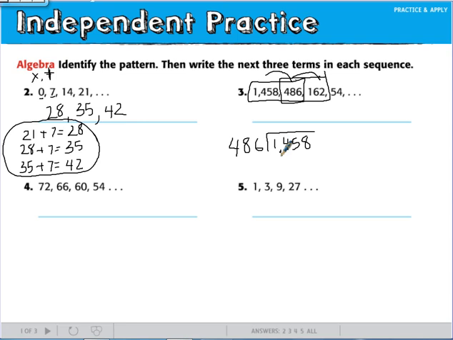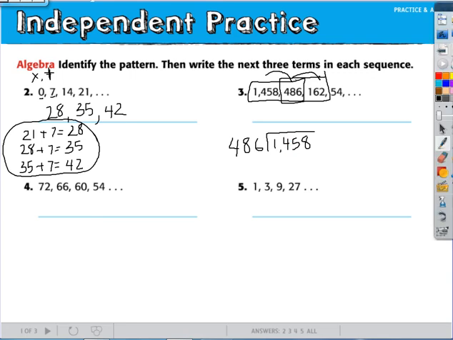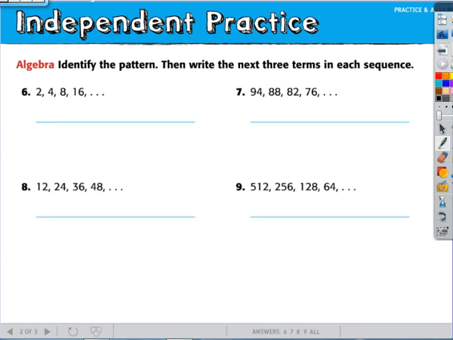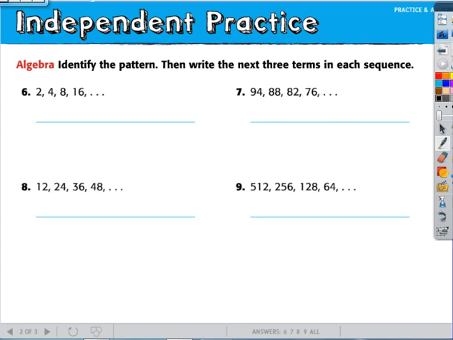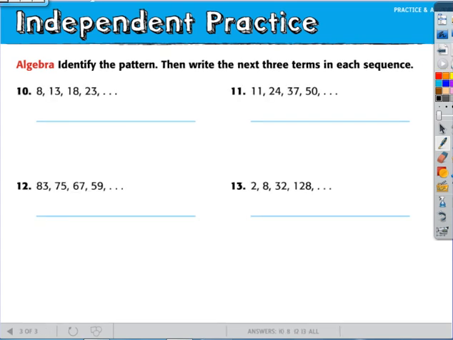So I didn't solve the entire problem, but I set it up for you. We should be able to do it now, right? Alright, fantastic. Okay, real quick. So you're going to do the rest of these. Pay attention if it's going up or if it's going down, because that'll let you know if it's addition, subtraction, multiplication, or division. Okay? So there's going to be 13 of those.